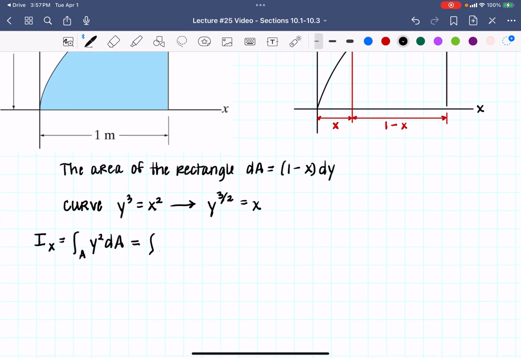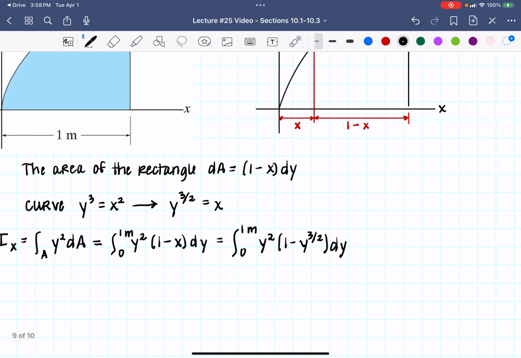So I'm going to integrate from 0 to 1 of y squared times dA, which is 1 minus x times dy. And if I plug in what I've got for x in terms of y, that's going to be from 0 to 1 meter, y squared times 1 minus y to the 3/2 dy.